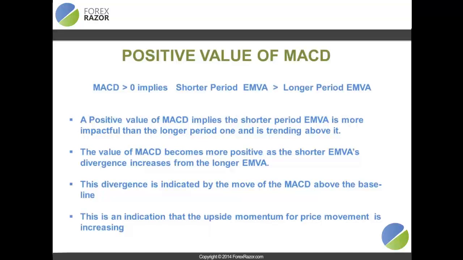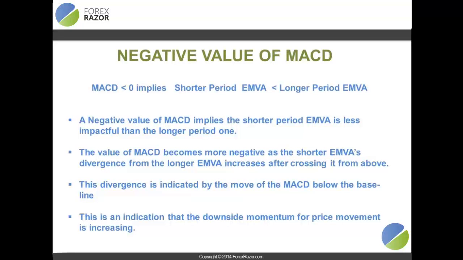This value of MACD becomes more positive as the shorter period moving average's divergence above the longer period EMA increases. This divergence is indicated by the move of the MACD above the 0 baseline and is an indication that the upside momentum for price movement is increasing.